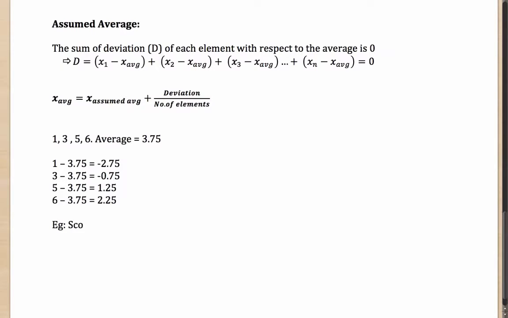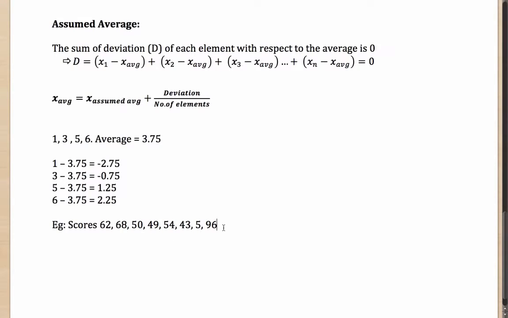Let's say the scores of a cricketer in a few matches are 62, 68, 50, 49, 54, 43, 5, 96. Now, to calculate the average for all these, what will you have to do?